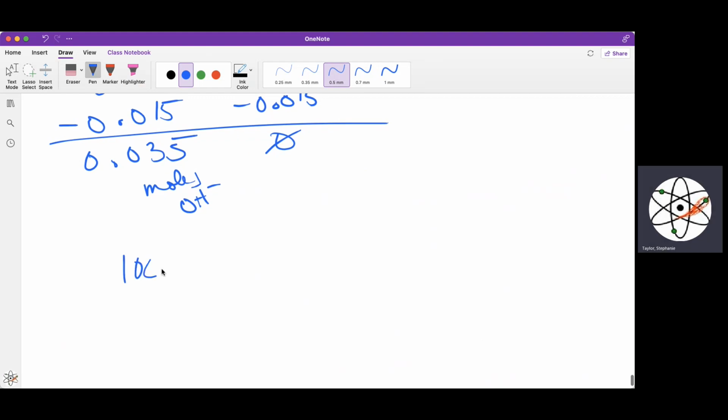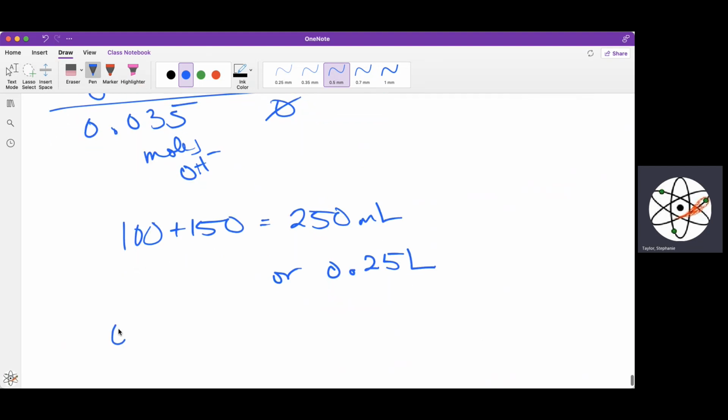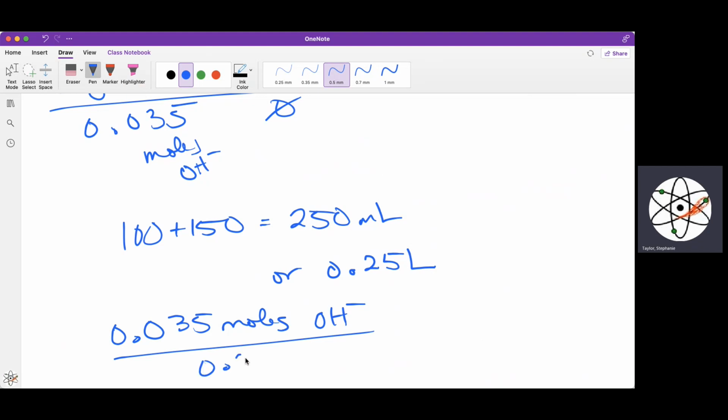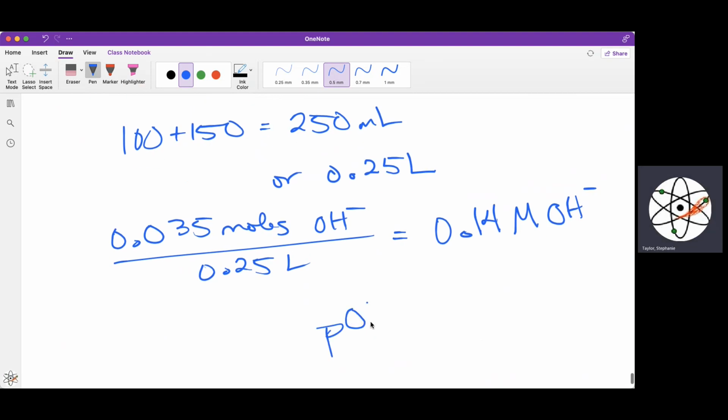So 100 plus 150 is 250 milliliters or 0.25 liters. So 0.035 moles OH minus divided by 0.25 liters is 0.14 molar OH. The pOH is equal to negative log of 0.14.